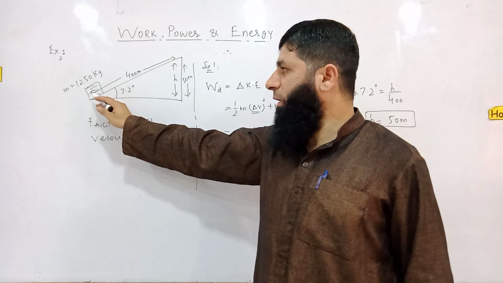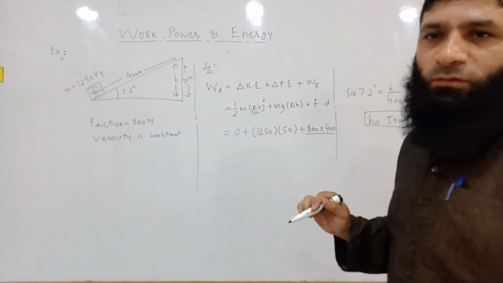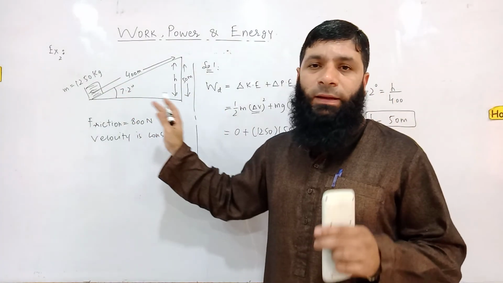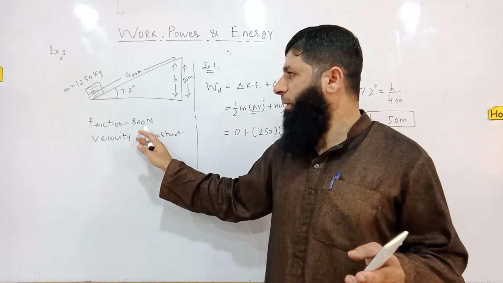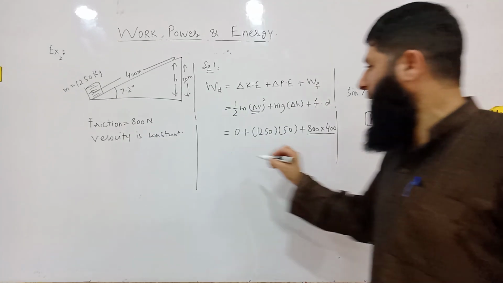So if this body needs to overcome the friction, this body must apply 800 Newton force. So against friction, this body is applying 800 Newton force, and this force of 800 Newton is being applied for 400 meters. So the work done against friction will be equal to 800 multiplied by 400.